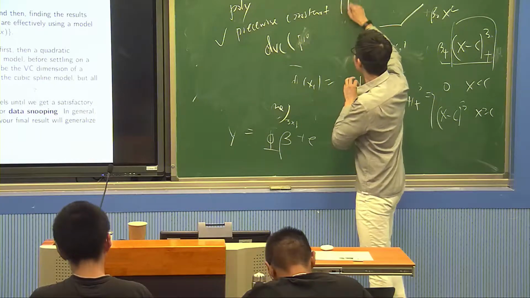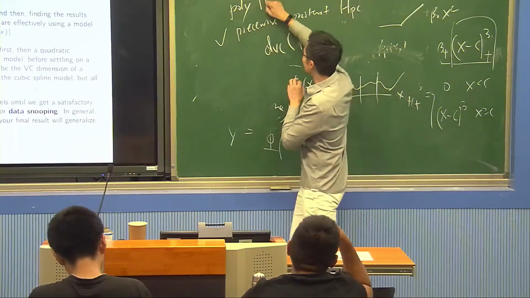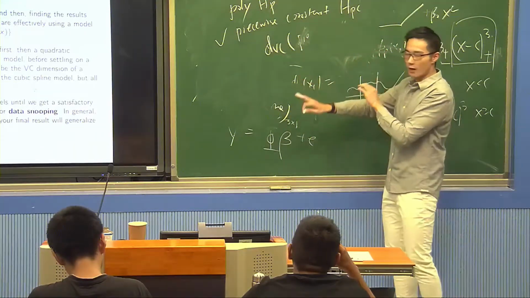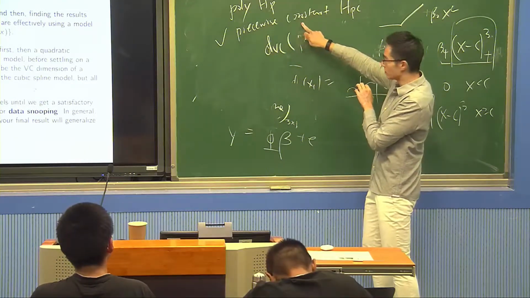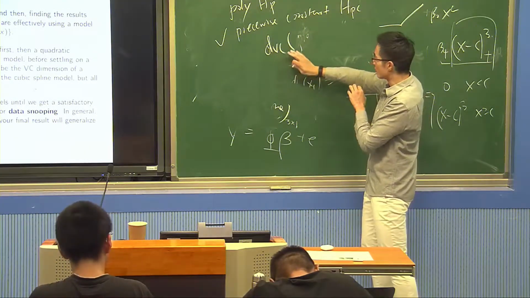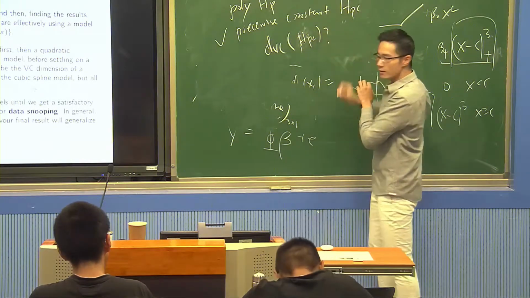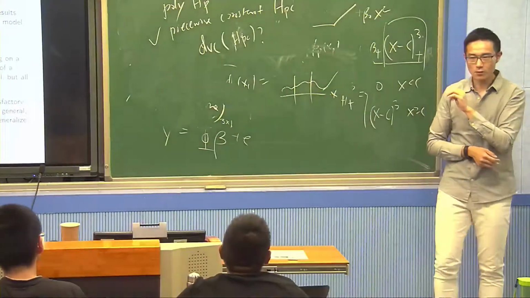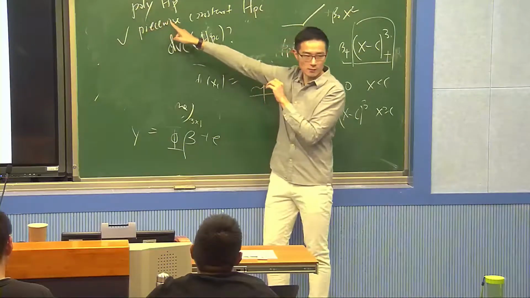Let this be H_PC, the piecewise constant model, and let this be H_P, the polynomial model. The person finally chose this model. So is the VC dimension the VC dimension of H_PC? No, it's actually not. Because he tried this model first, and then tried this model.